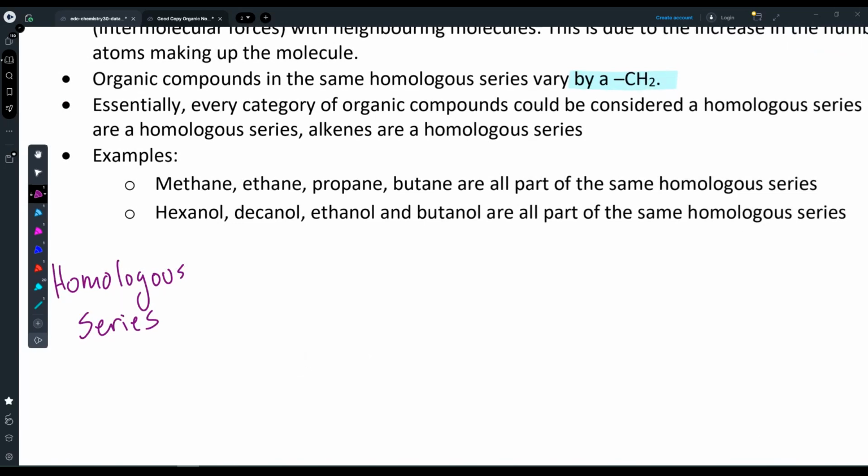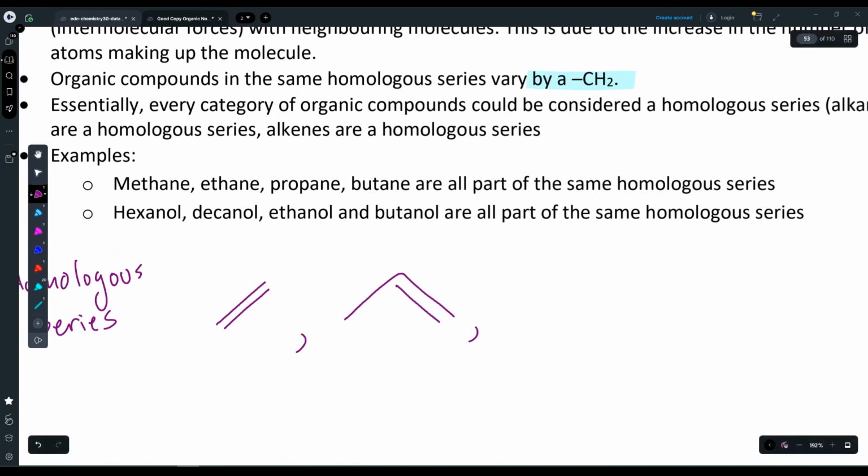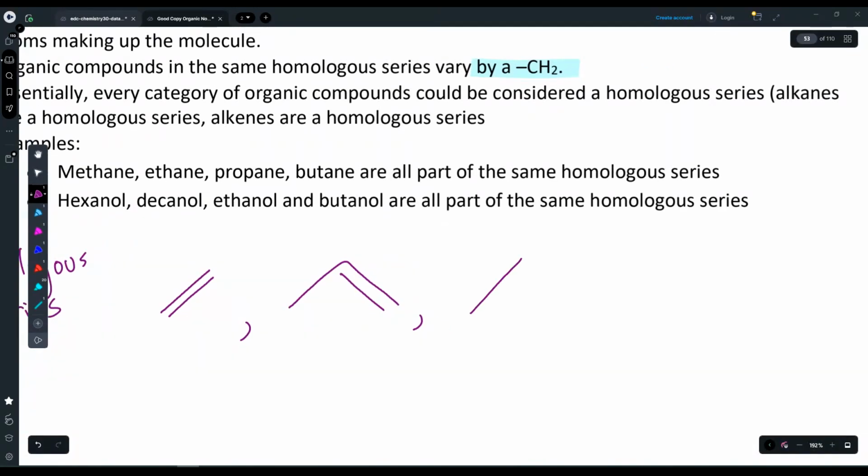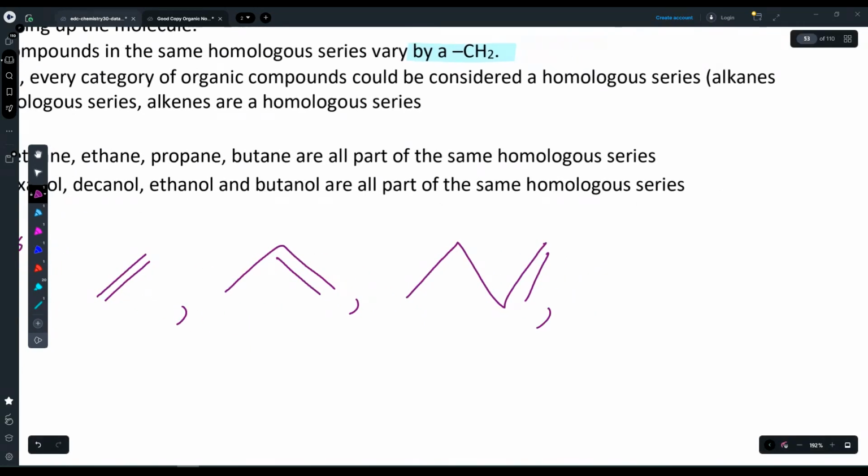Okay, so I mentioned alkenes. So if you're looking at the line diagrams for that, so this would be ethene, propene, butene, one, two, three, four, five.